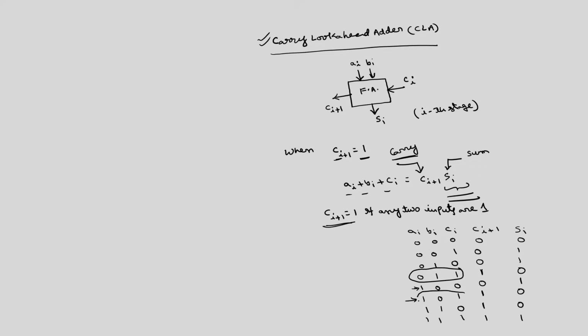This is one combination where the output Ci plus 1 is 1, this is another combination, this is another combination. Out of these 8 combinations, in 4 combinations Ci plus 1 is equal to 1. So, how do you represent this using a Boolean expression?